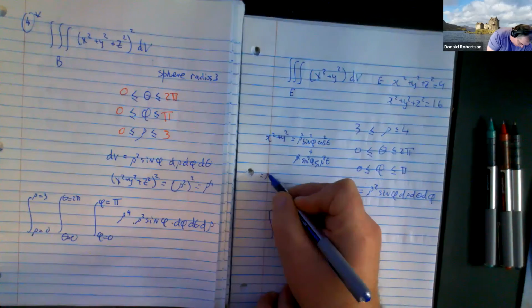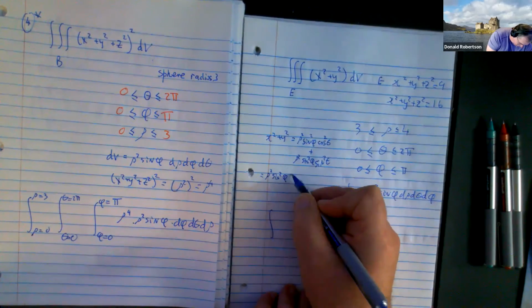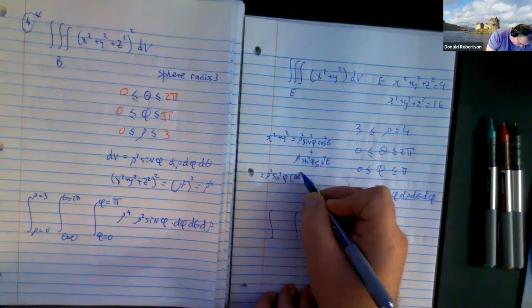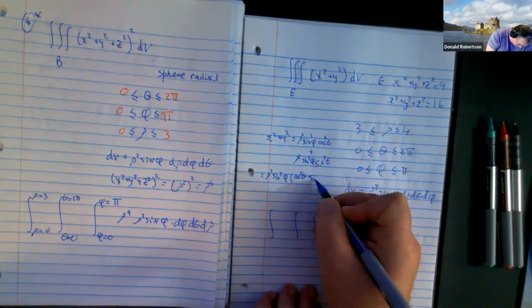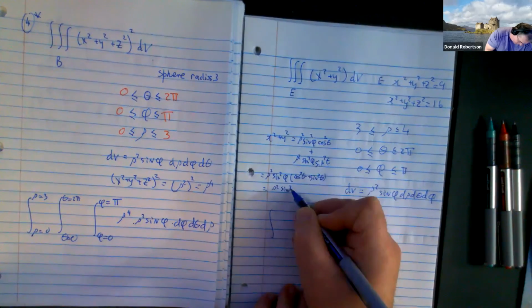If you pull out the rho squared sine squared phi bit, you've got a cos squared theta plus a sine squared theta, which gives you 1. And so you get rho squared sine squared phi.